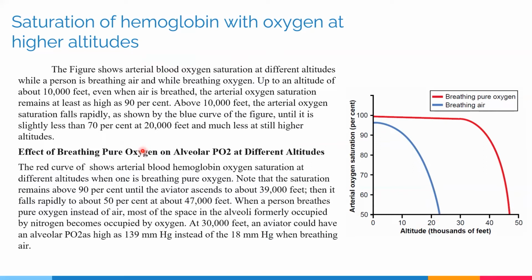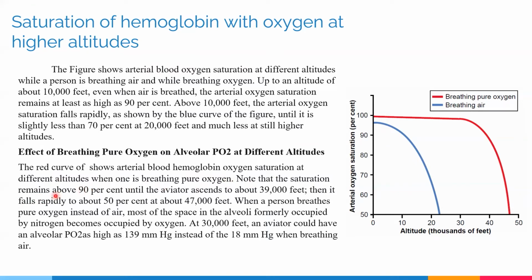But what is the effect when a person is breathing pure oxygen? The red curve shows the arterial blood hemoglobin oxygen saturation at different altitudes when one is breathing pure oxygen.